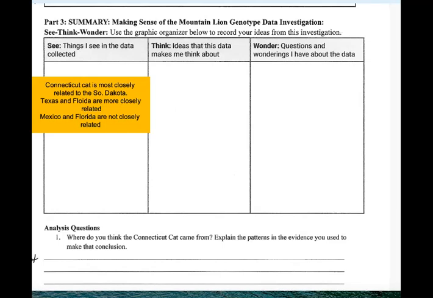So what does this make us think about? It makes me think, is the Connecticut cat from South Dakota?